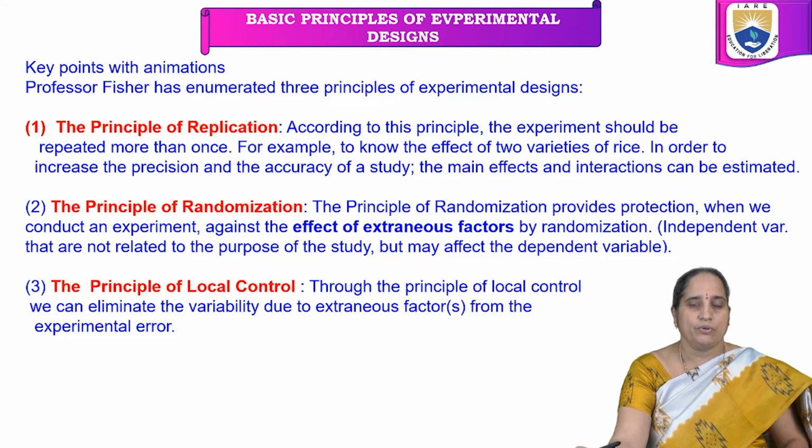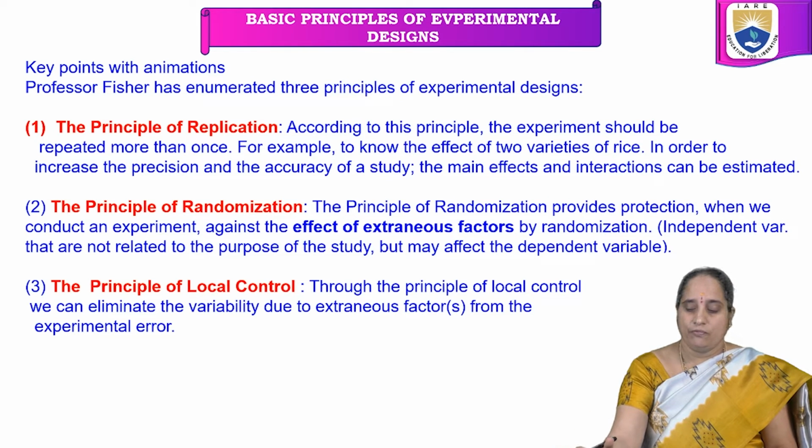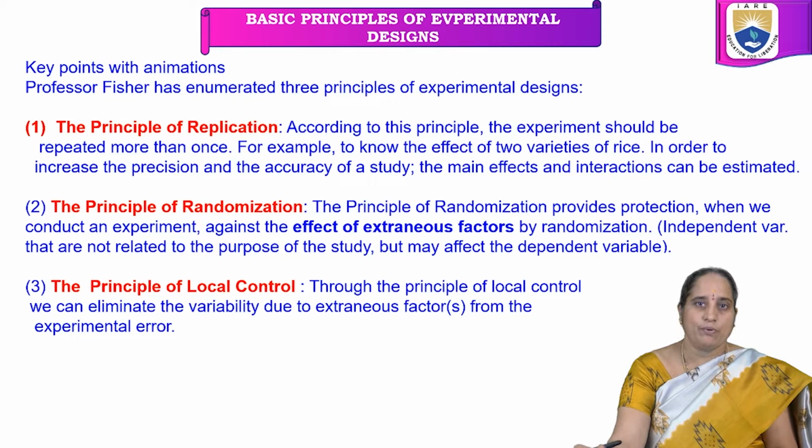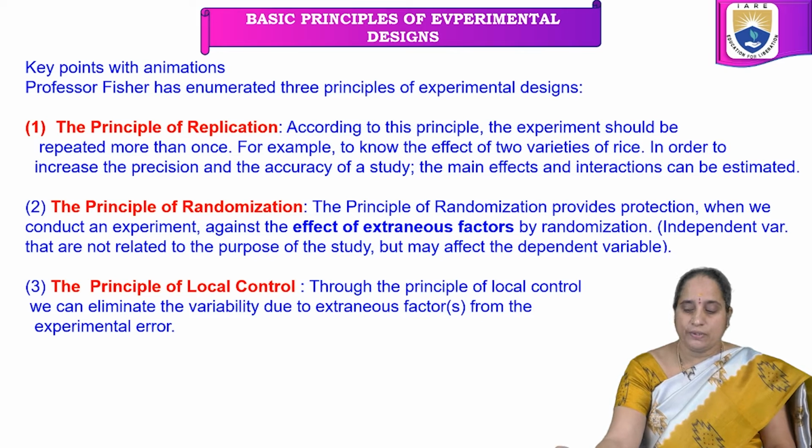For example, if you want to compare two varieties of rice, what do we generally do? We divide the fertile land into two parts, and these parts are known as blocks. In one block you use one variety of rice, and in the other block the other variety. Based on the fertility of the soil, productivity also varies from one block to another.